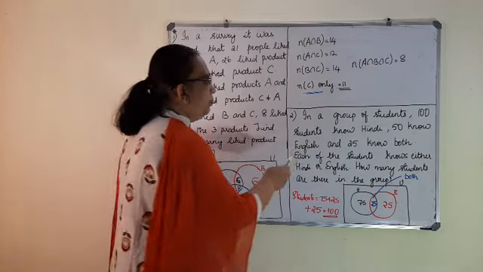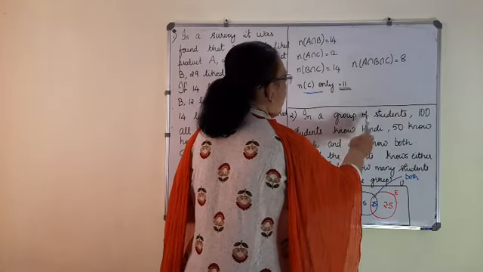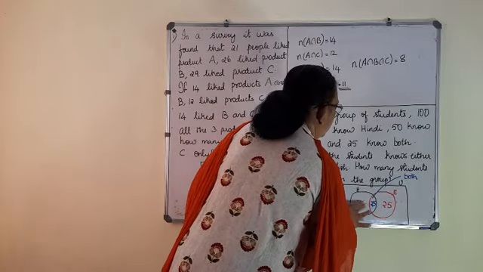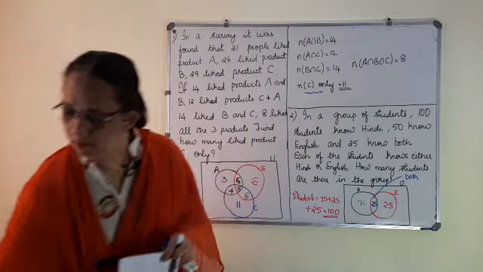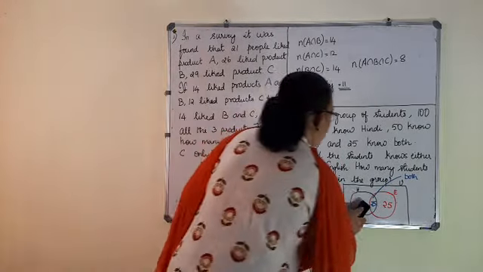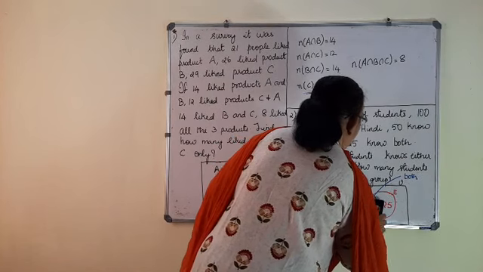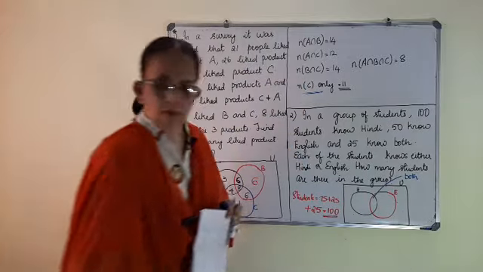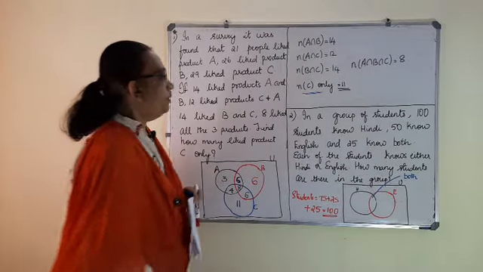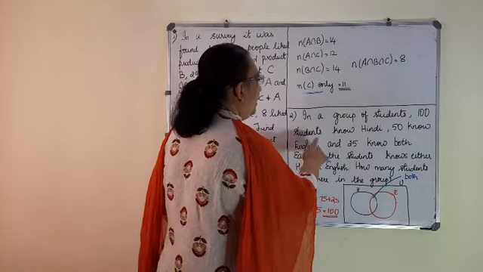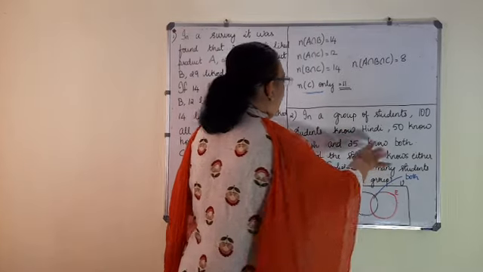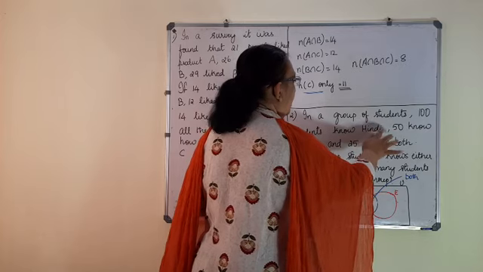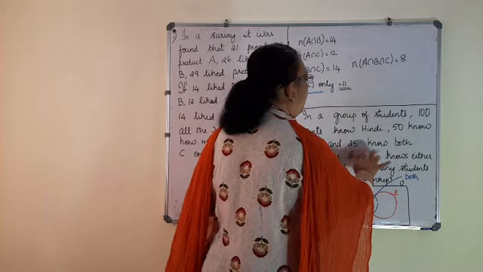In a group of students, 100 students know Hindi, 50 know English. So it became 150, and 25 know both.